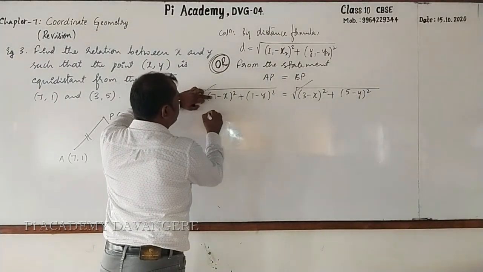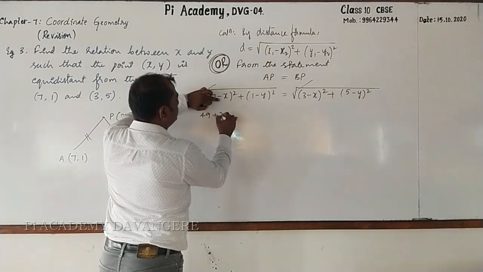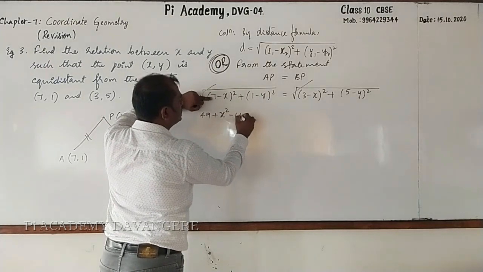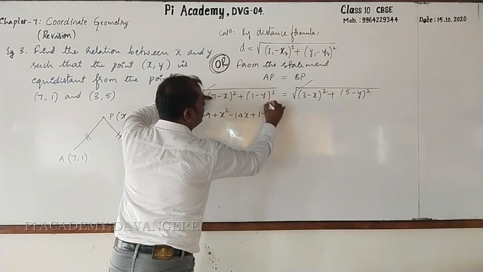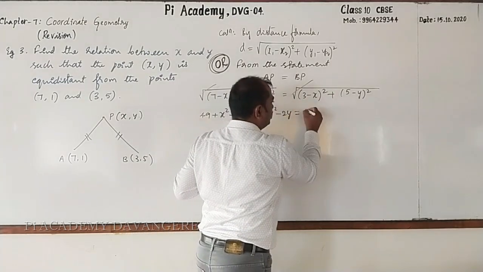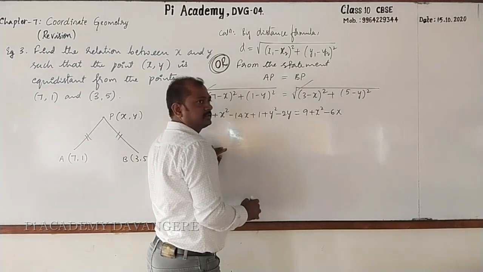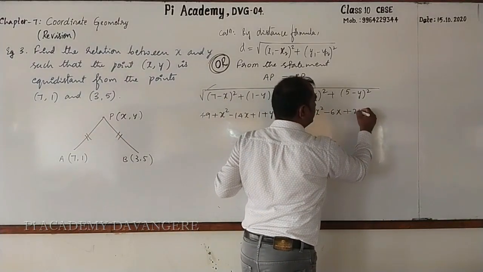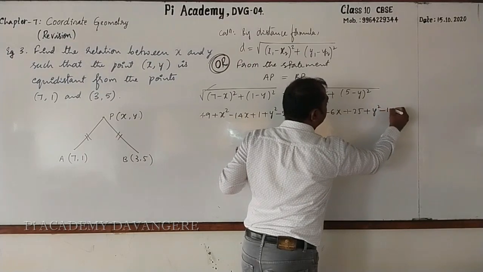Again, it is 7 square, 49, plus x square minus 14x, plus 1 square plus y square minus 2y, which is equal to 9 plus x square minus 6x, plus 25 plus y square minus 10y.